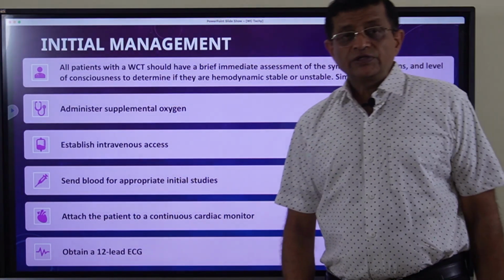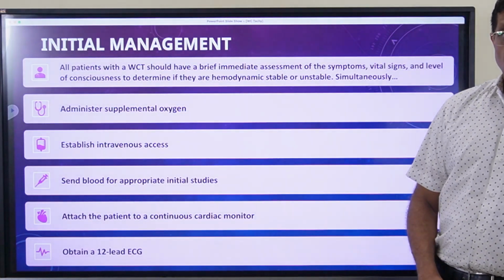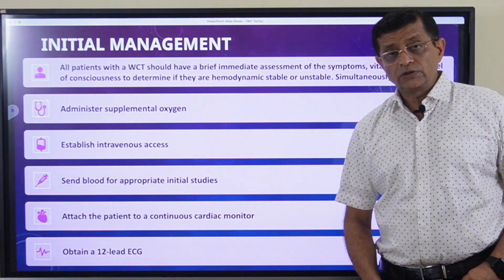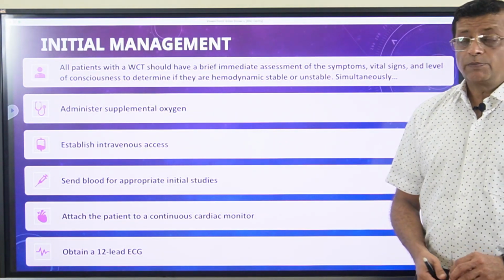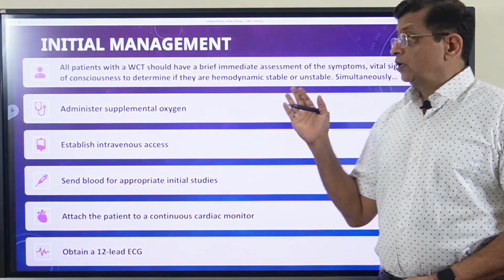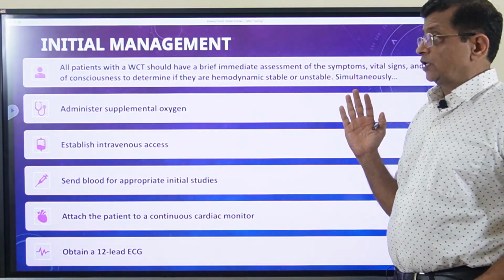So now, having said that, what do we do? You are sitting in the emergency department and a patient comes with, say, palpitation or pre-syncope, and in ECG you get a wide complex tachycardia.